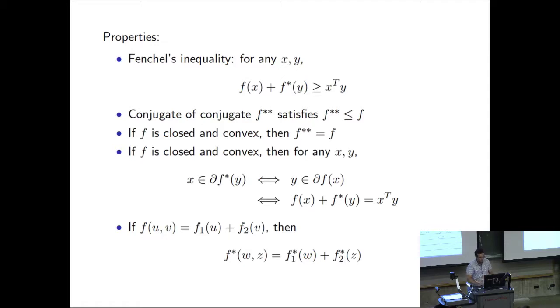One property we have is Fenchel's inequality, which says that for any x and y, f of x plus the conjugate f star of y is bigger than or equal to x transpose y. Why is that?